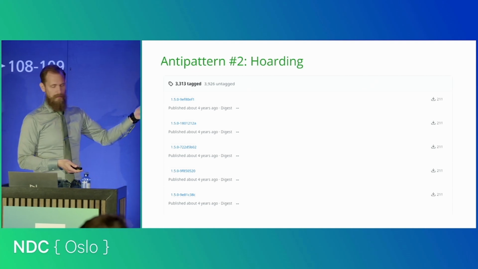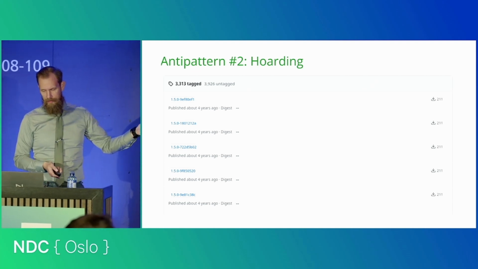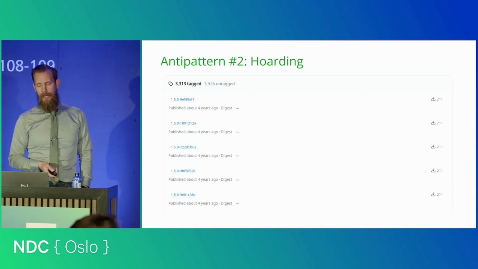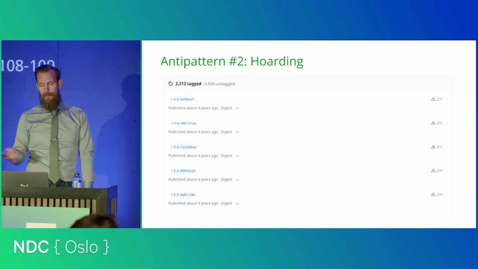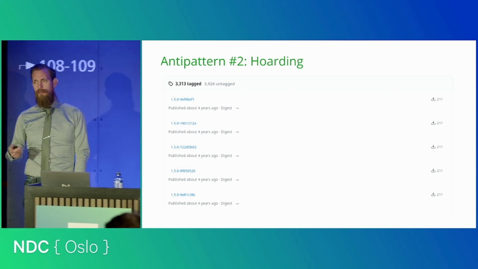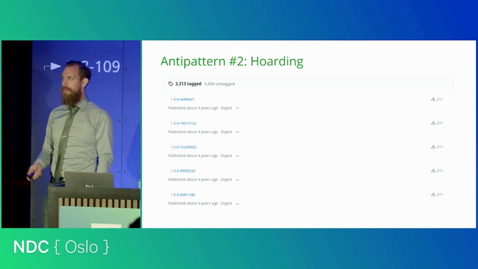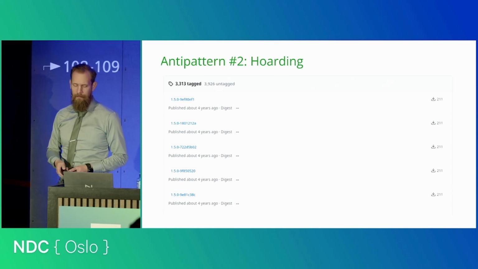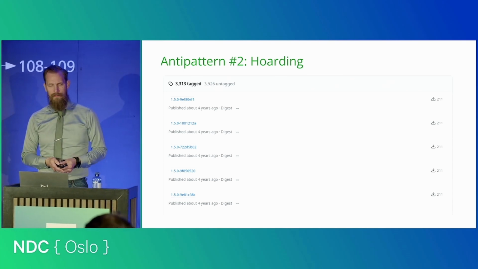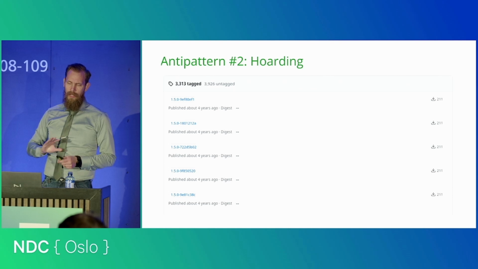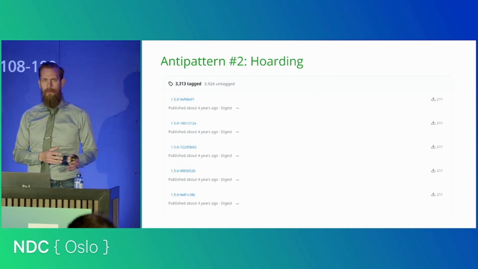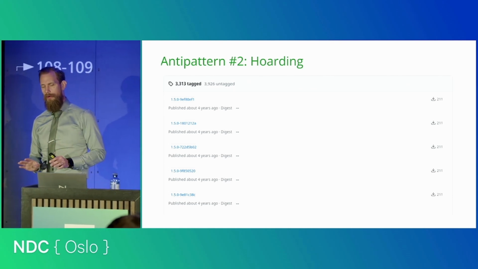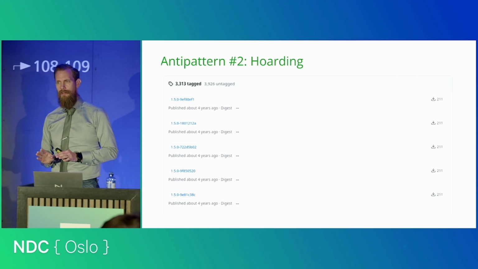And you don't need these, because no one's downloaded these for 4 years, and since everything has been downloaded 211 times, that's a script that does something after they published, and then they never touch it again. Complete waste of space. So please just have a cleanup script, remove everything once you're certain you won't need it anymore, which is a lot sooner than you think.